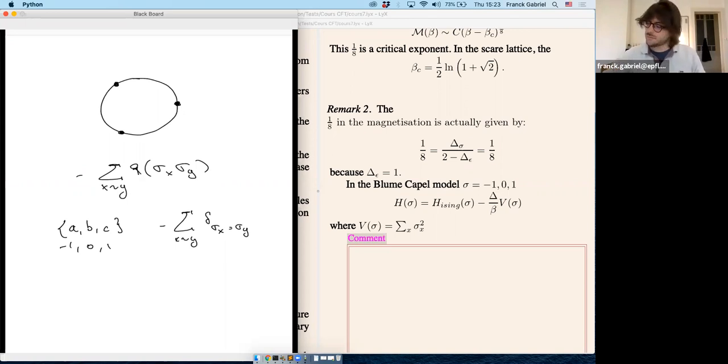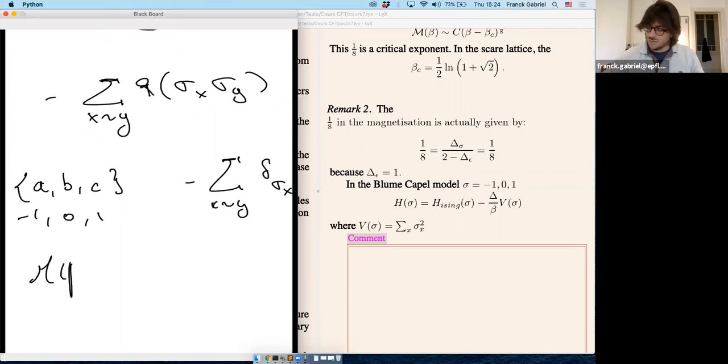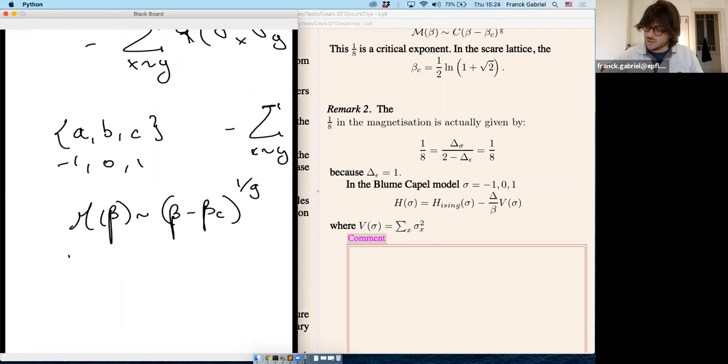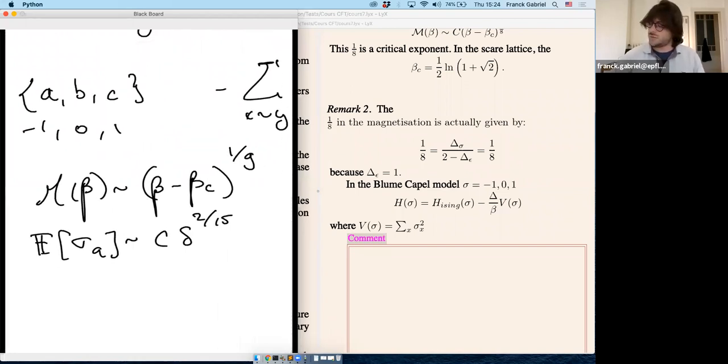And again, what you see is that m beta will be of the form beta minus beta c to the power now 1/9. Okay, and what you know also is that this should decay as c delta to the power 2/15, and you know it again because of the CFT property I told you.